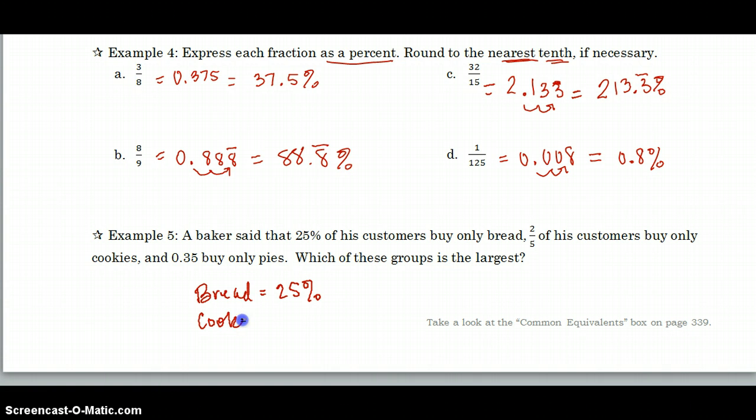Cookies were 2/5, which 2 divided by 5 is going to give us 0.4. So there's an understood 0 there, but when you turn it into percent, you multiply times 100, so we're going to have to add that 0, which is 40%.